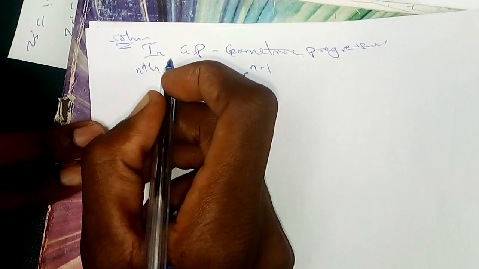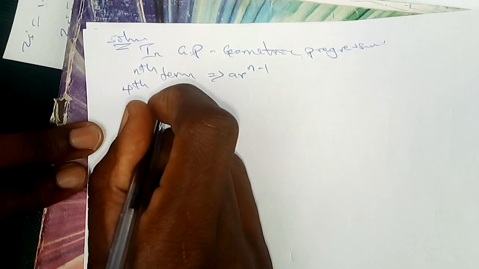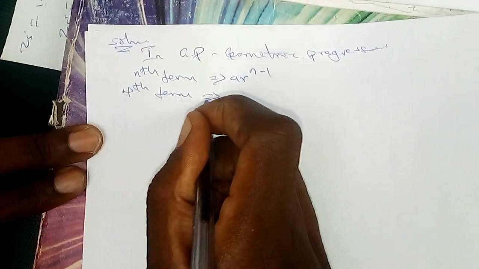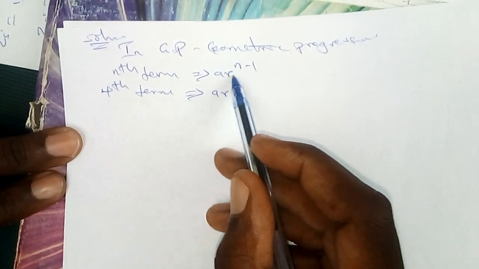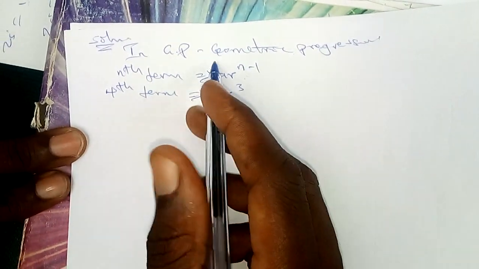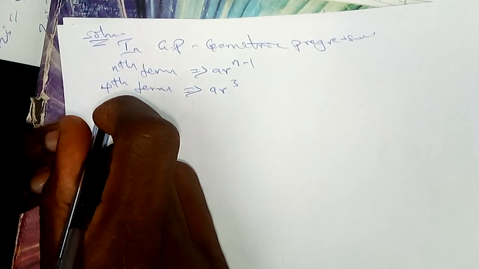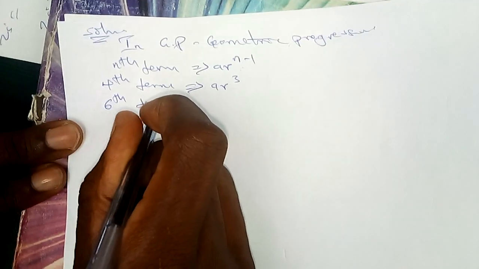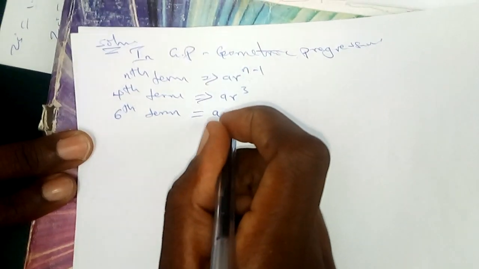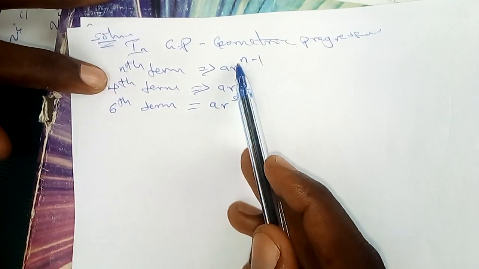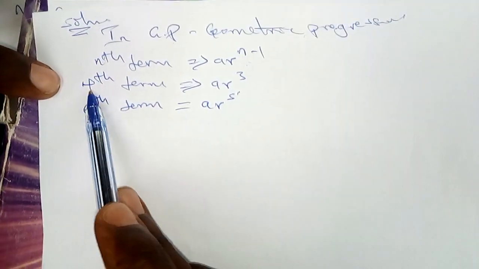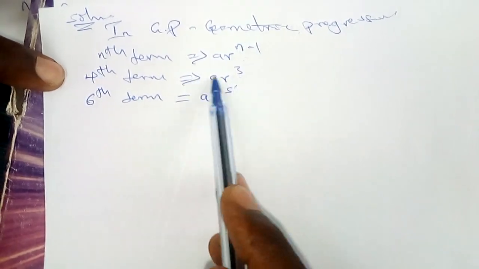We have the fourth term, which is equivalent to A R raised to 3 when you follow this formula of the nth term in a GP. And the sixth term is equal to A R raised to 5. Here n is 4, n minus 1 is 3.